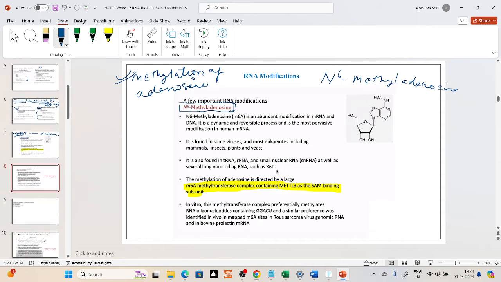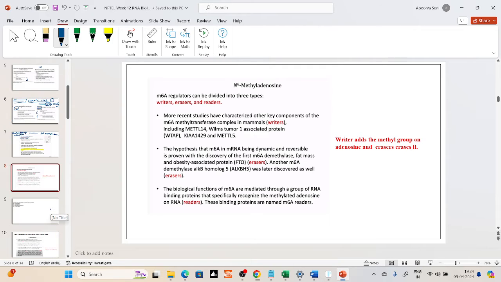Now come three terminologies that you should understand. One is writer, next is readers, and last one, eraser. What is the meaning of this?